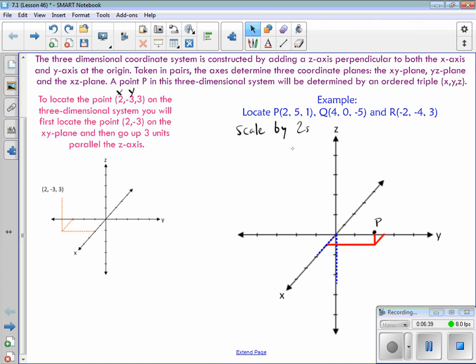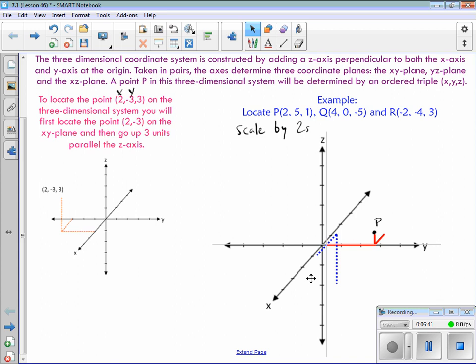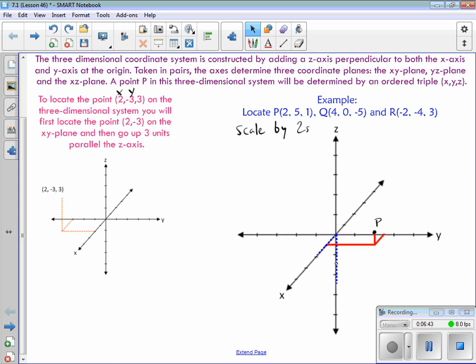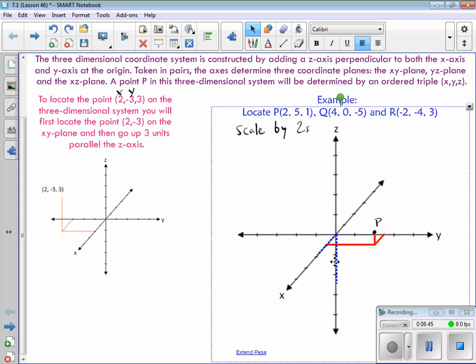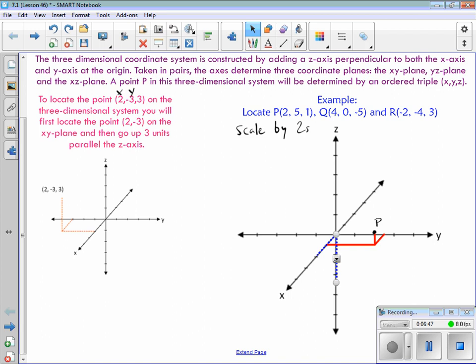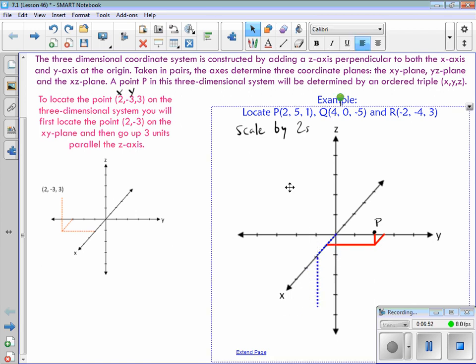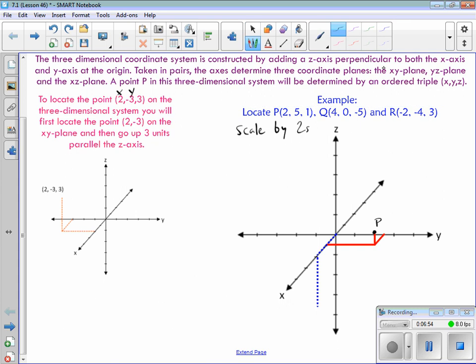And I'm going to connect that to where it was on the X and Y, maybe. Okay, so then it ends up down here.